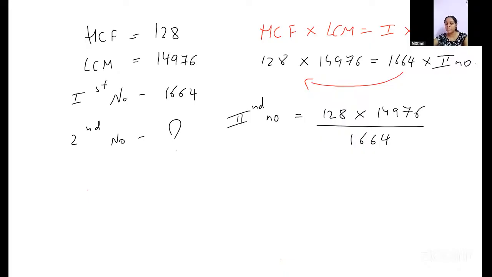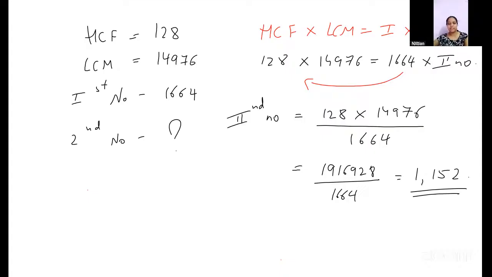Or you can multiply 14976 with 128, so we will get 1916928 divided by 1664. And when you divide it, you are going to get your second number, which is 1152. Okay, this is how we solve these kind of questions.